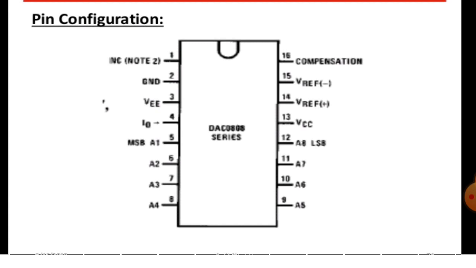First one is no connection, second ground, third VEE, fourth IG, fifth A1 that is MSB, sixth A2, seventh A3, eighth A4, ninth A5, tenth A6, eleventh A7, twelfth A8 that is LSB, 13 is VCC, 14 is V reference plus, 15 is V reference minus, and 16 is compensation.